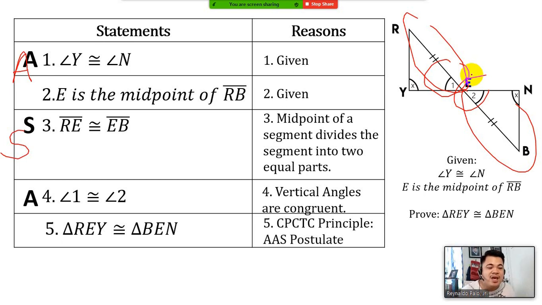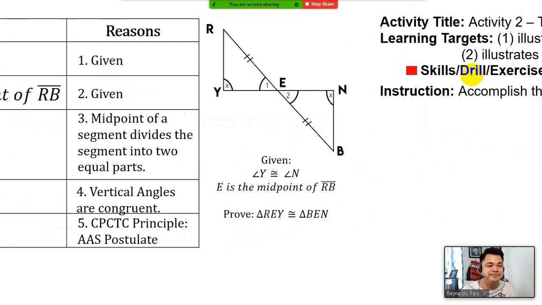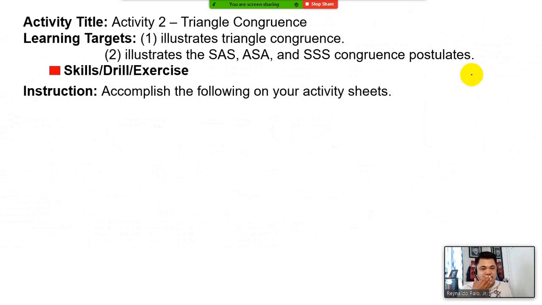Remember that CPCTC is in relation with AAS postulate. So that's how you're going to prove. Okay, assumption, take note of the given, and then you have to follow the acronym of the postulate in writing your statements and proof.